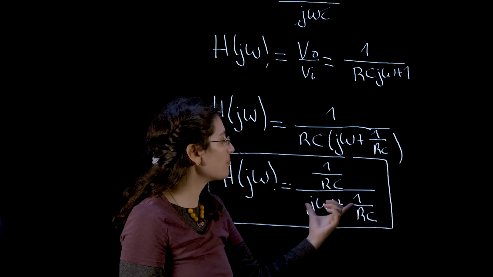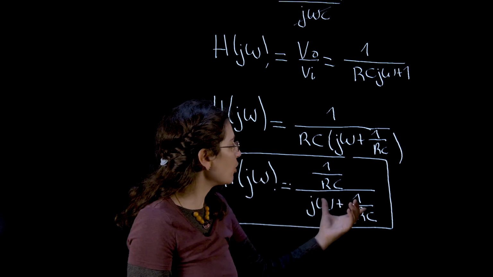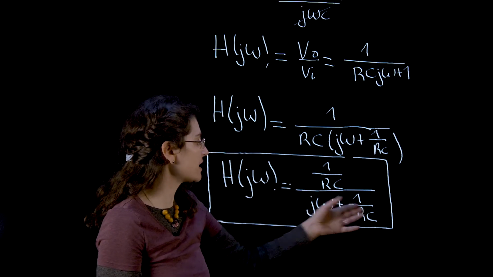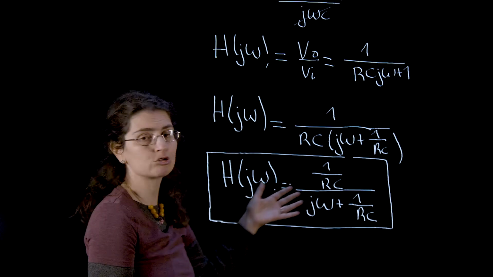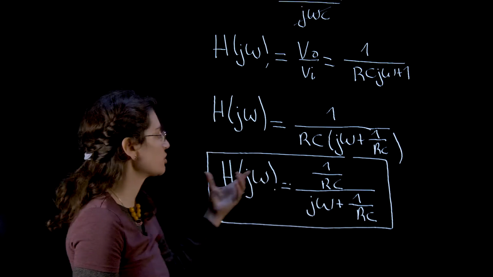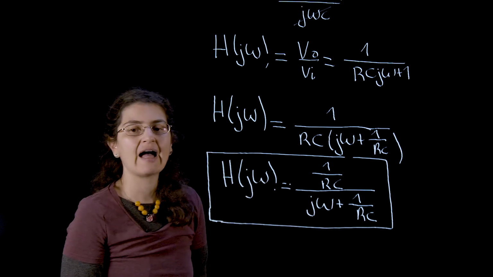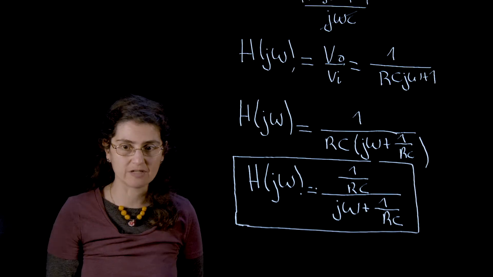And the poles are the points where my transfer function goes to infinity. So here, my pole will be 1 over RC. So if I substitute omega by 1 over RC, the denominator goes to 0 and my transfer function goes to infinity. And this is a very important thing. We will look into that in the next video.